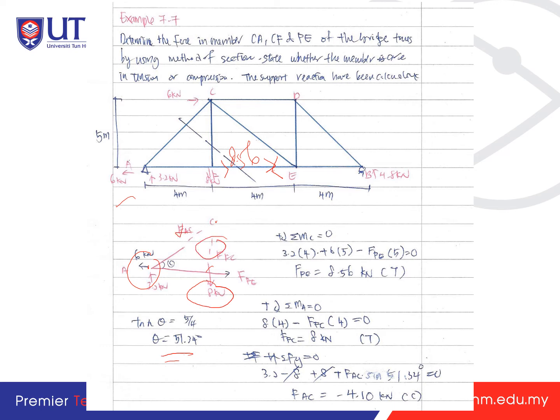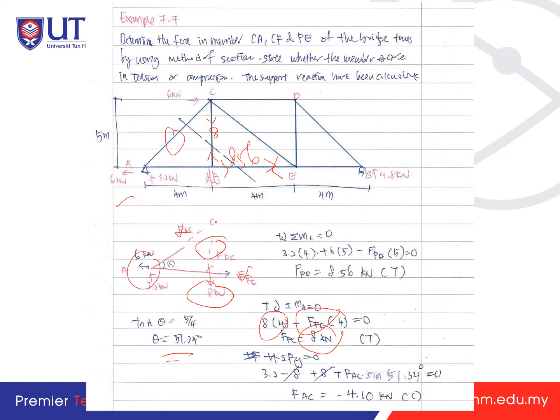For these two, we are not having any moment. So 8 times 4, the distance, minus FFC times 4 is equal to 0. So FFC is equal to 8 kilonewton. So here is 8 kilonewton.